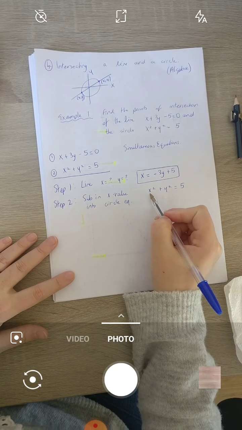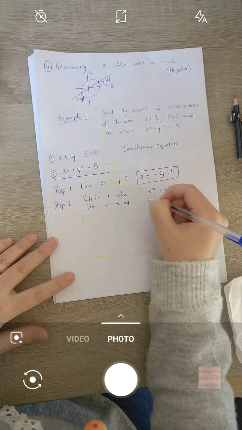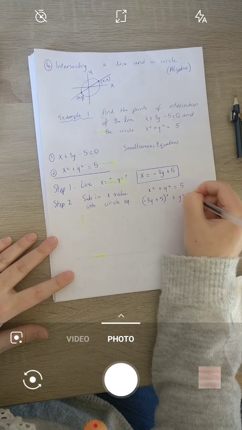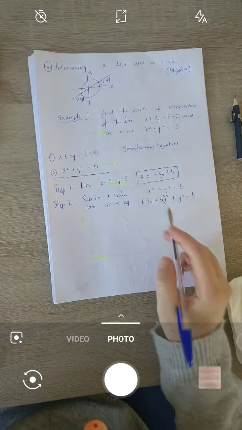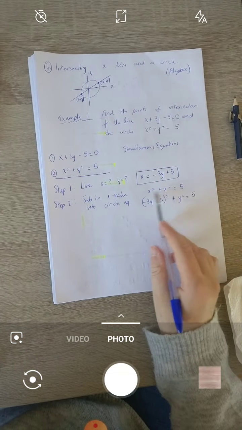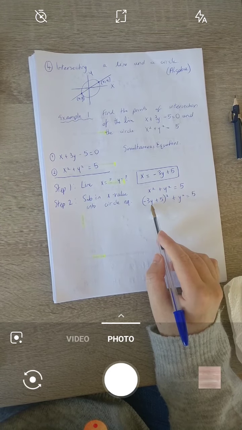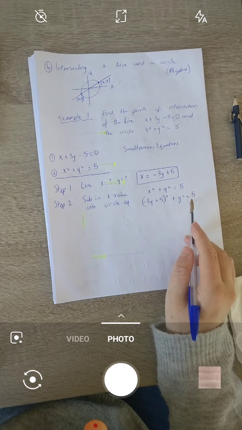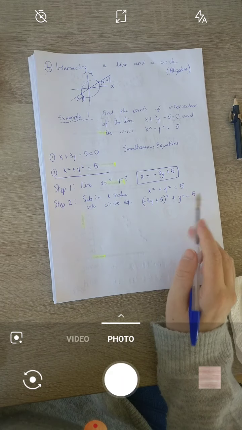But instead of x now, we're going to replace it with (minus 3y plus 5) squared plus y squared equals 5. Now what this allows for is instead of having two different variables, x and y, in the equation, we now have all of the same variable. We only have y's now in the equation.